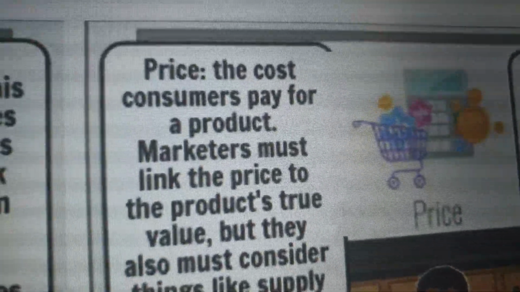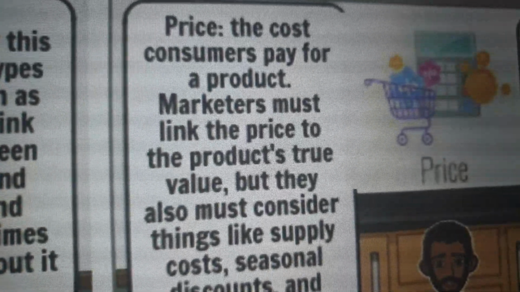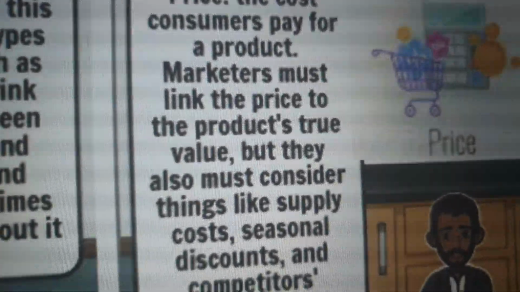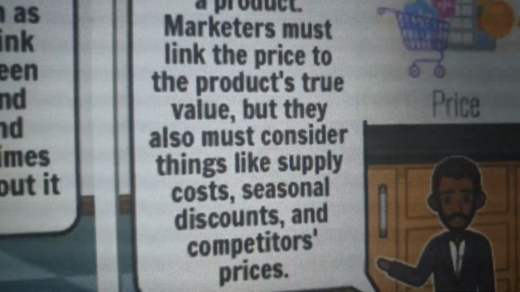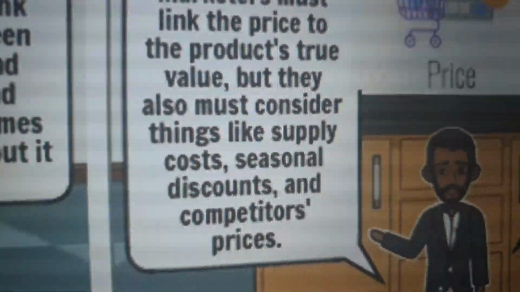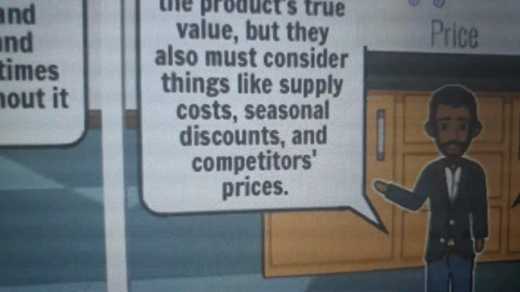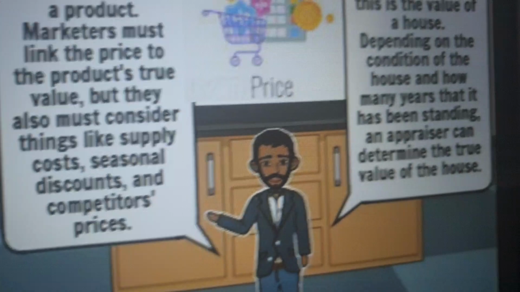And then we come to the price. The cost consumers pay for a product. Marketers must link the price to the product's true value, but they also must consider things like supply, cost, seasonal discounts, and competitors' prices.